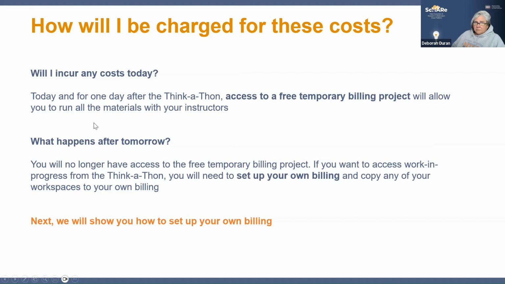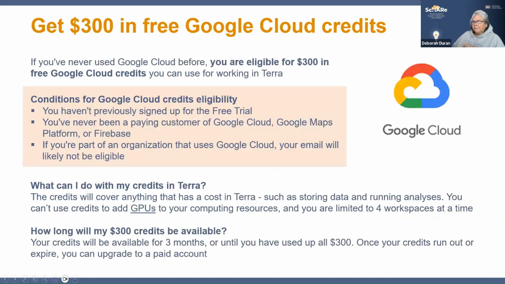So as we said earlier, what will your cost incur today? It's free. We use a temporary account. We leave that account open for 24 hours, so you have a chance to set up your own billing or work within the cloud platform that we have currently. Every user, when you first register for Google, gets $300 in free Google Cloud credits.